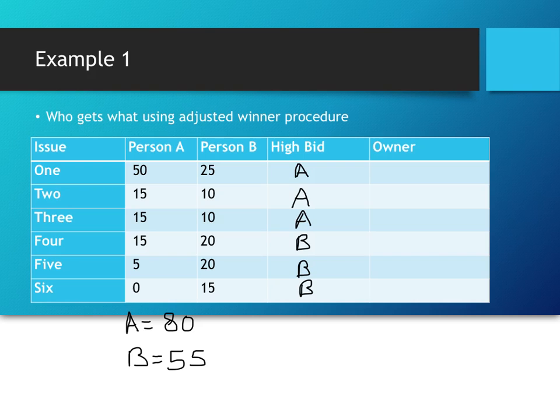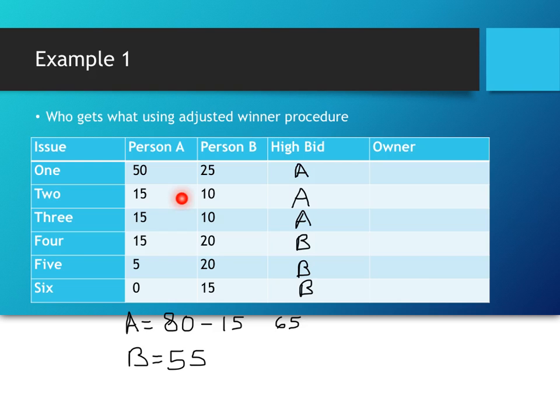Now clearly this is an uneven scenario, where A has won 80% of what they want and B has won 55%. So we'd like to adjust this. The way we adjust it is we take things away from A. Notice that if I subtract either item number 2 or 3, then A will have spent 65 points.